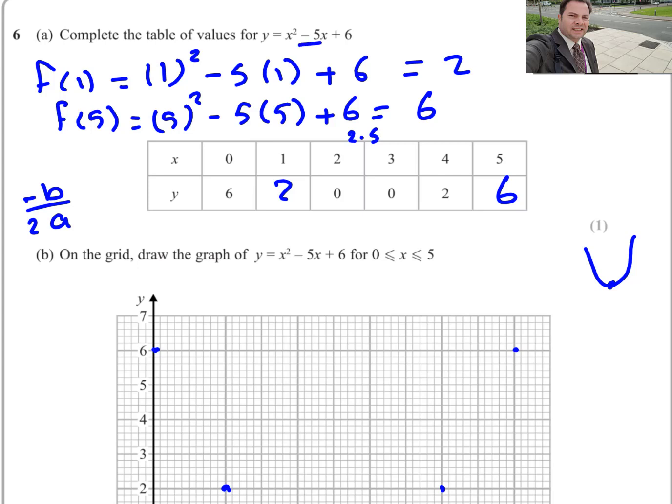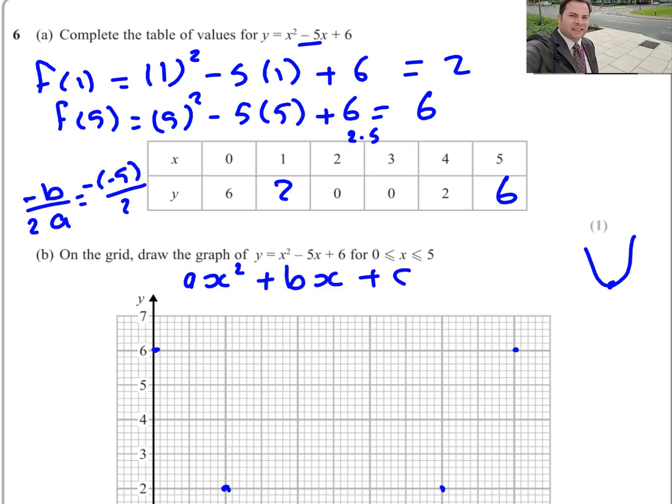As you know, the quadratic function has a standard form, which is ax squared plus bx plus c. Negative b over 2a, you will get negative 5 divided by 2, the answer is 2.5. So you have to get the value at 2.5.